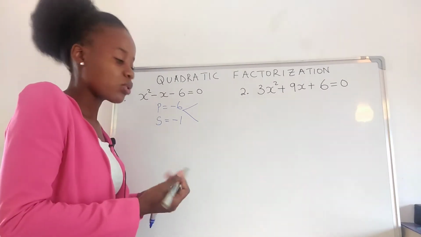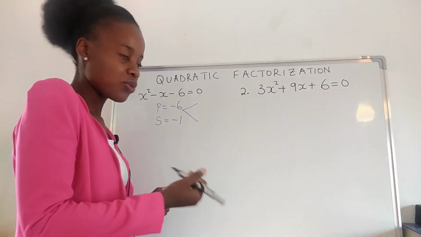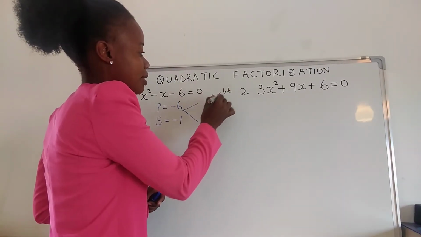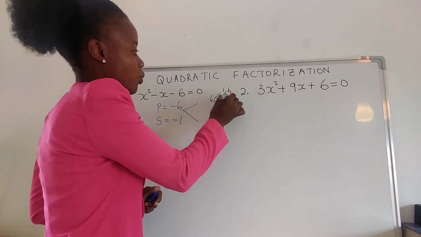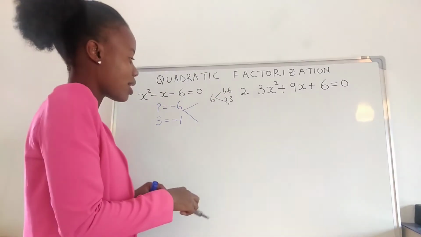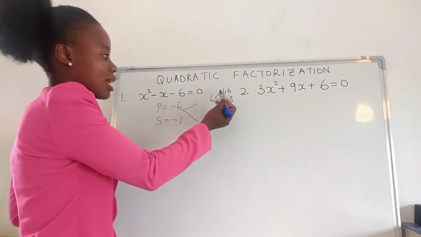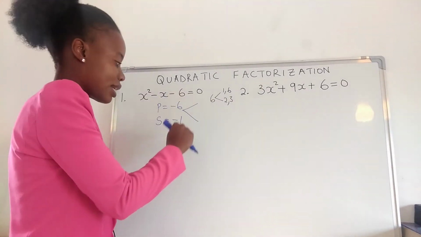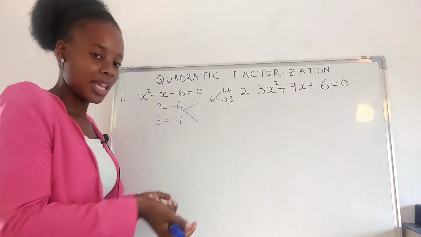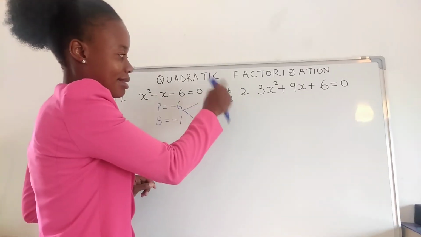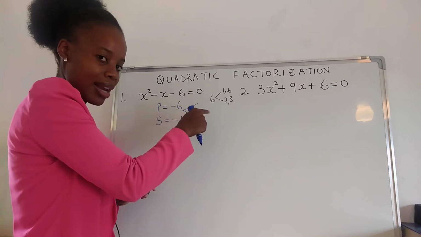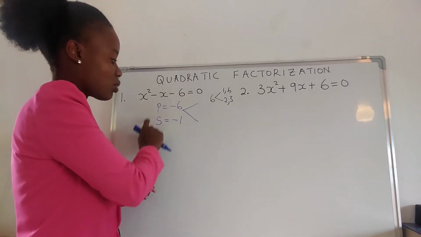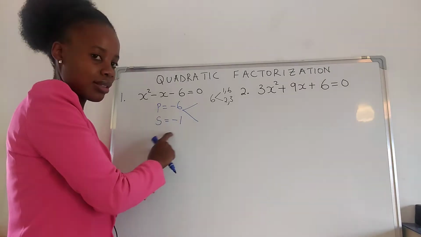To find the factors of 6, we have 1, 6, and 2, 3. So we're going to test which one can give us negative 6 when you multiply them, and which one can give us negative 1 when we add them. 1 times negative 6 is negative 6, but it does not satisfy the sum.